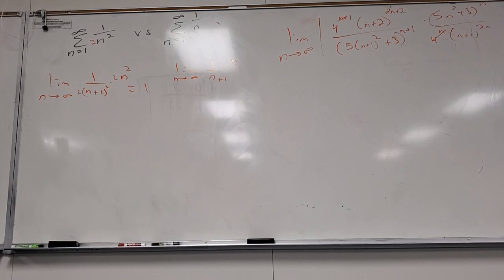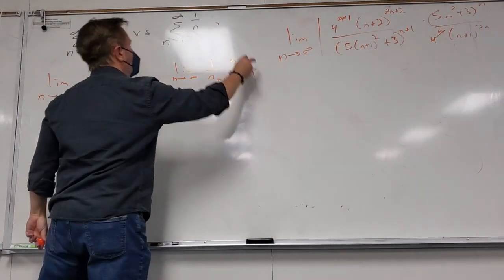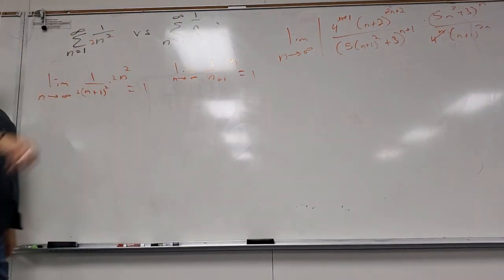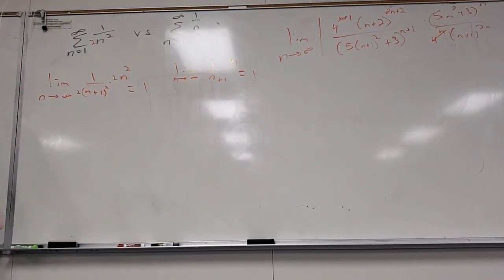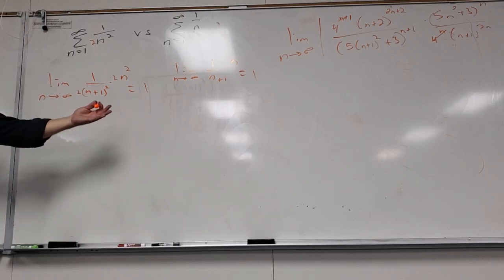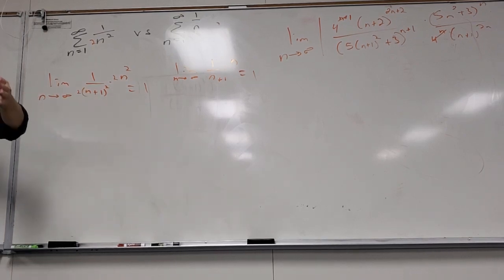That's one example of why it has to be inconclusive. Because I got a 1 in both of these, that diverges, that converges. So it could be one of those two things, we don't know. That's why 1 is inconclusive, because it can't discriminate between those two situations.